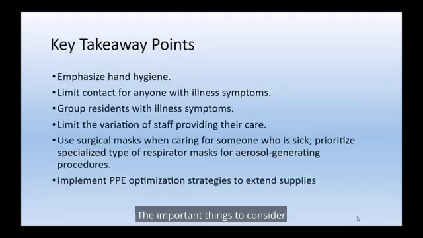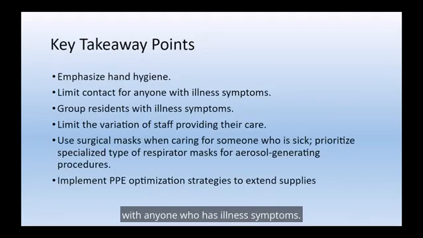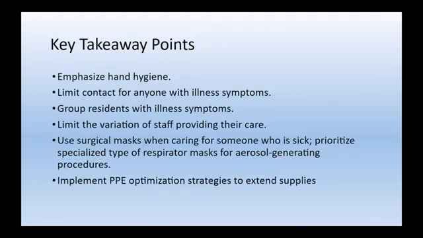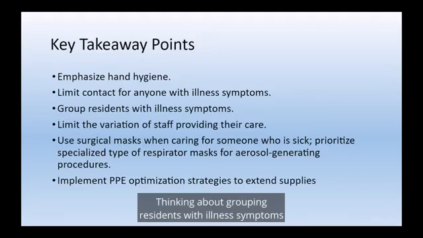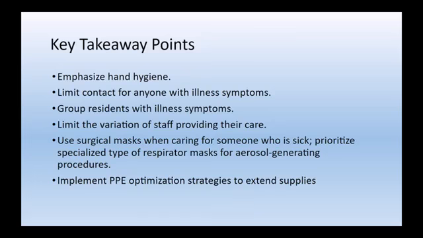The important things to consider as we go through this module are thinking about things like hand hygiene and how important it is, trying to limit contact with anyone who has illness symptoms, thinking about grouping residents with illness symptoms in some way within the house to keep people safe and not expose them unnecessarily to illnesses.